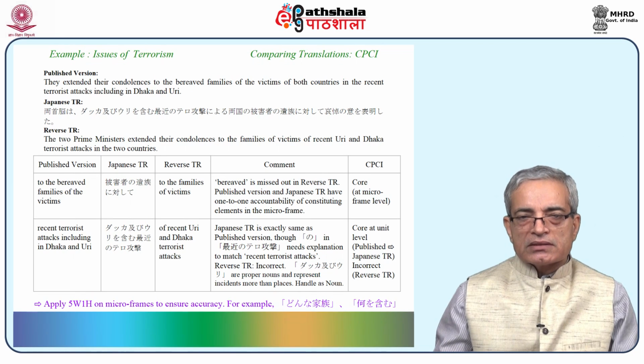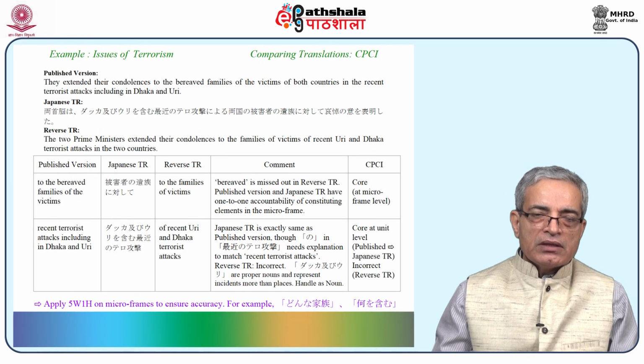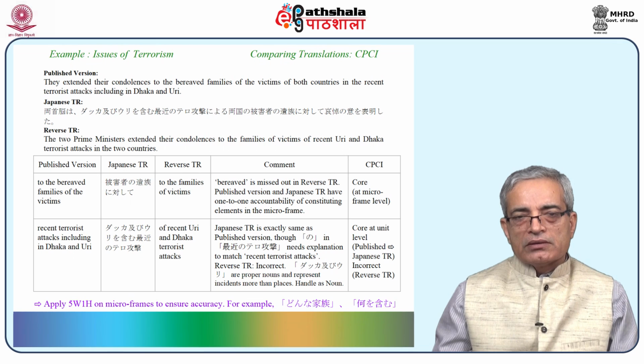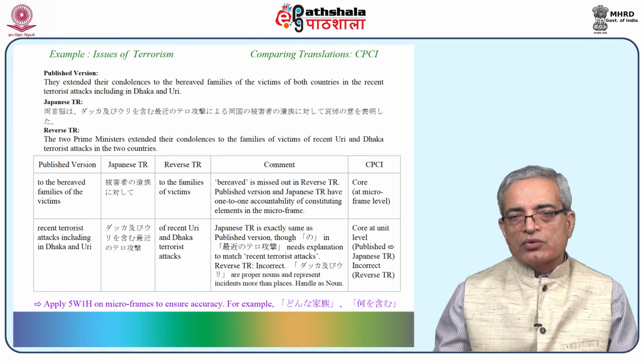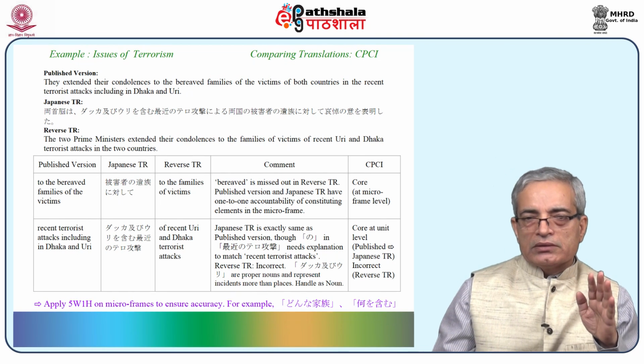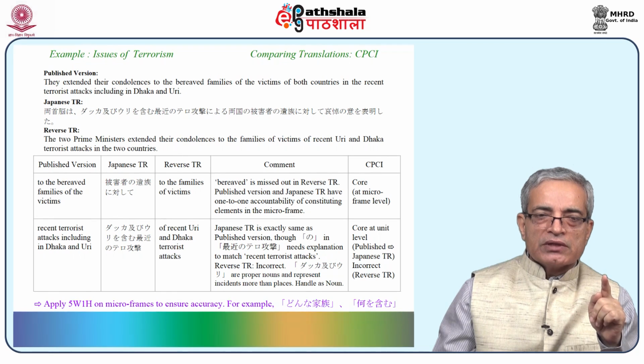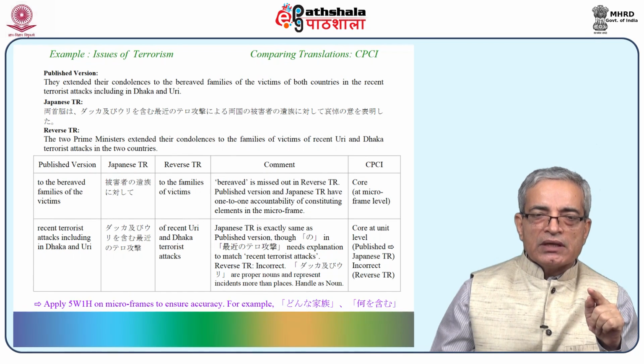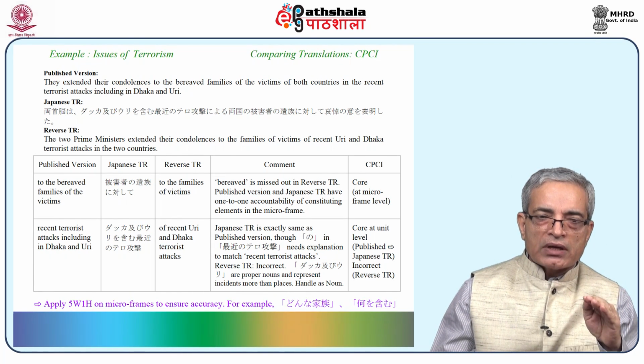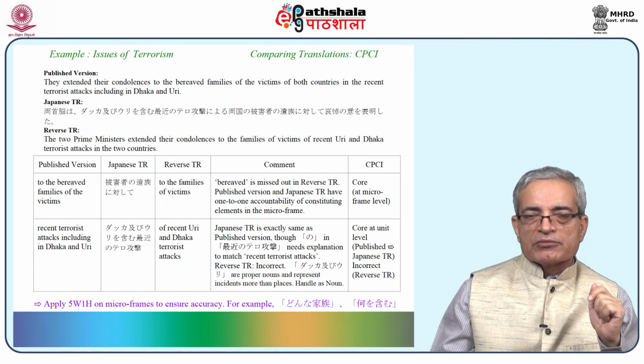Then, recent terrorist attacks, including in Dhaka and Uri. Dhaka, Uri, ofukumu saikin no tero kogeki. In English, what he's talking about is recent terrorist attacks, including in Dhaka and Uri. So Dhaka and Uri are the place names.